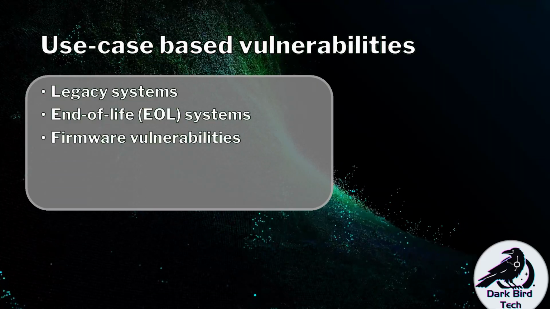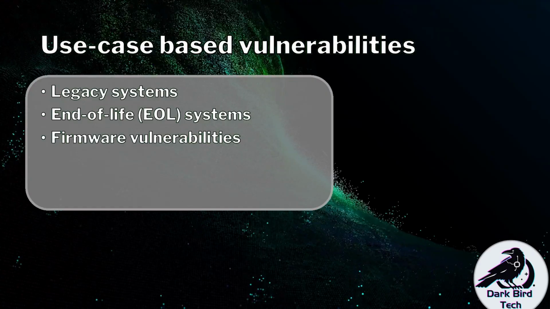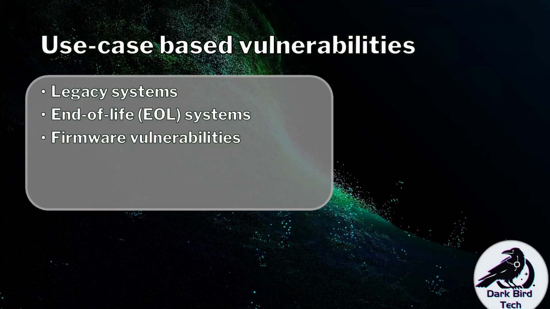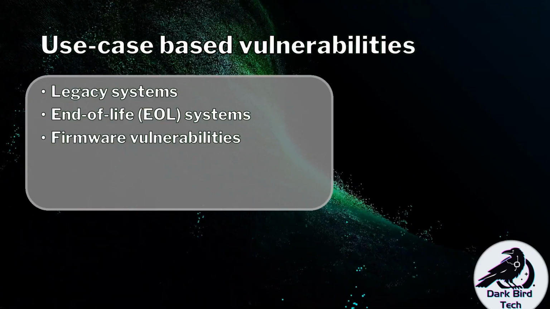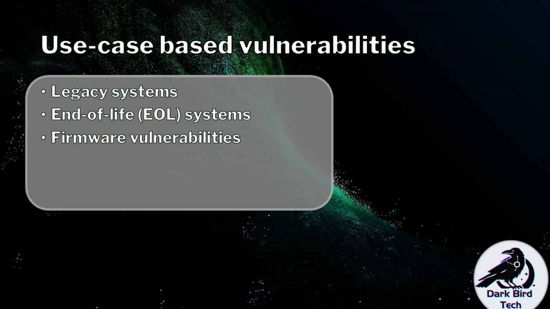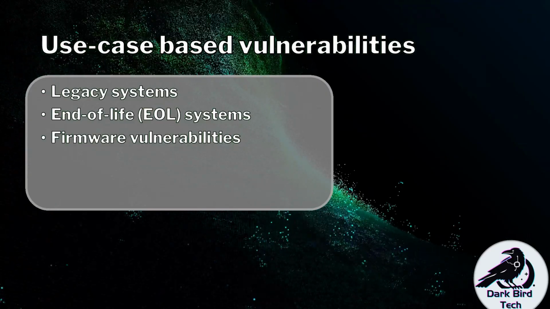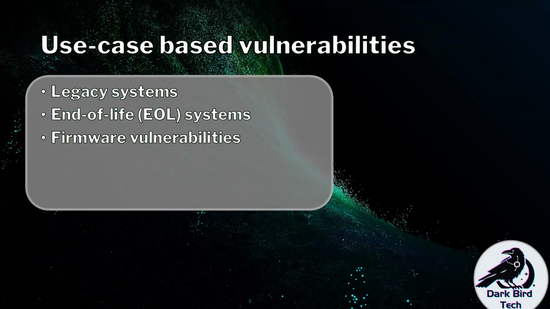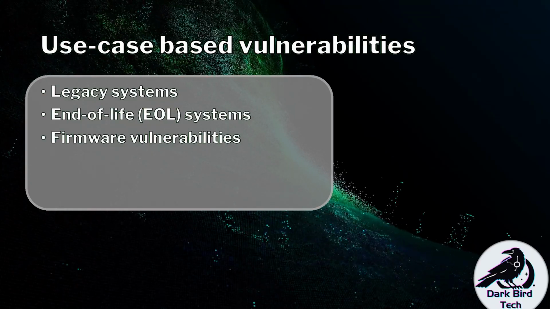Then you also get firmware vulnerabilities. The good news about firmware vulnerabilities is they don't happen too often, but when they do happen, they can be quite catastrophic, and they will affect the system regardless of the operating system you have running on it. If you like, you can go and read up a little bit more about the Spectre and the Meltdown vulnerabilities. Both were taking advantage of how certain generations of CPUs from both Intel and AMD had a weakness in their pre-processing of data.